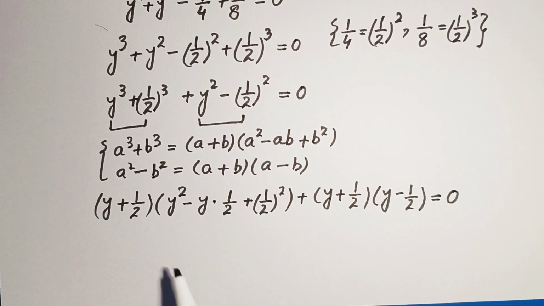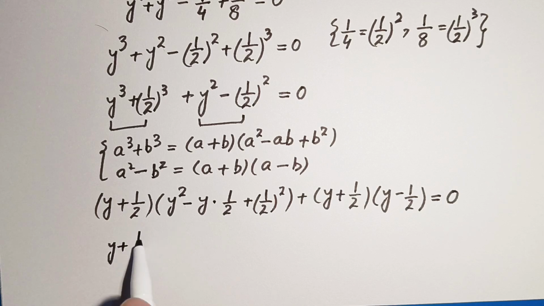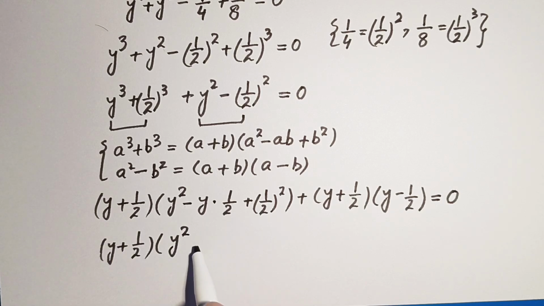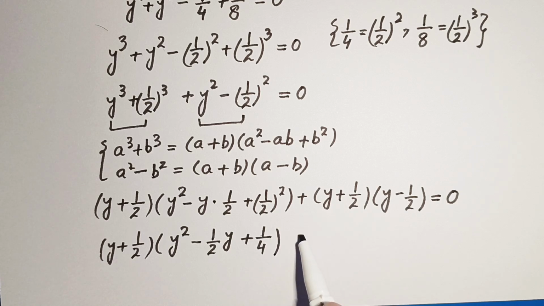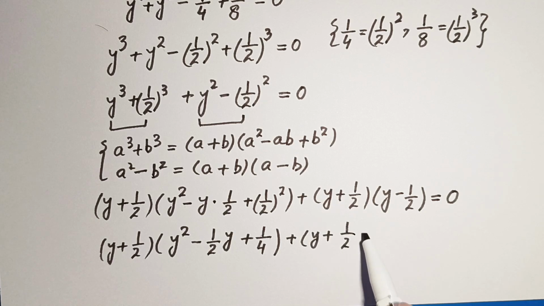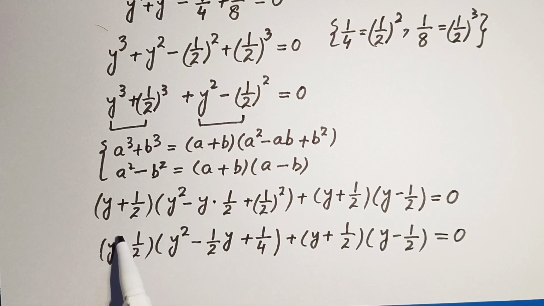So y plus 1 over 2 times y squared minus 1 over 2 y plus 1 over 4, and similarly y plus 1 over 2 times y minus 1 over 2, is equal to 0.